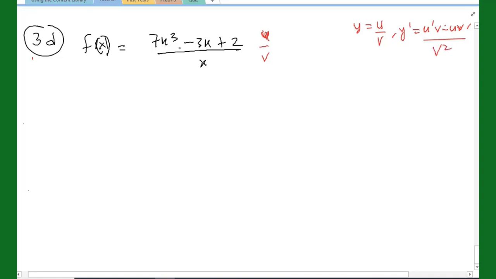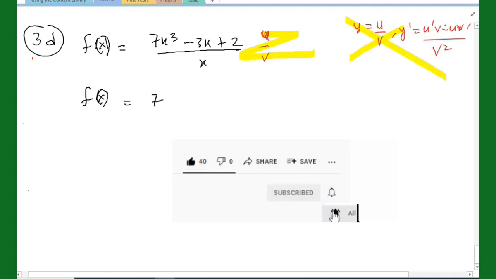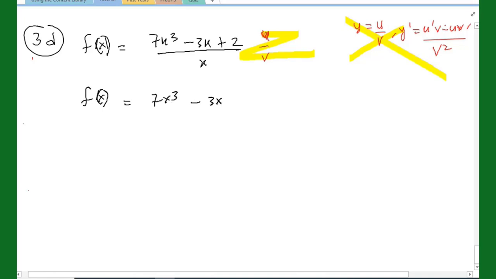But because this can actually be simplified to this form, we don't want to use this. So let's try, can I separate this one? Show one by one. X.